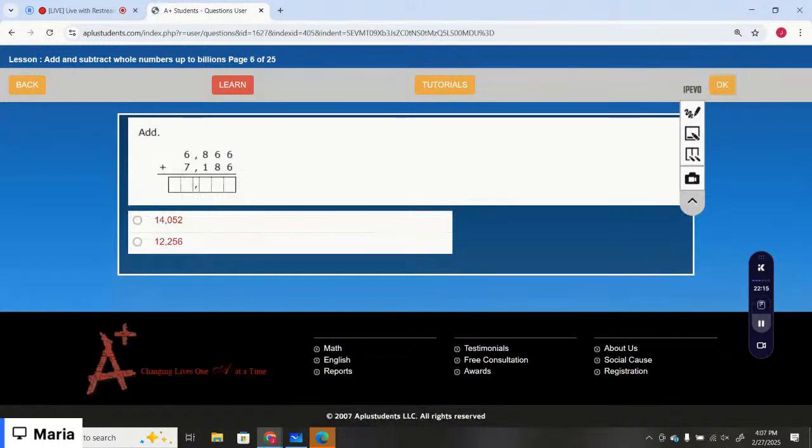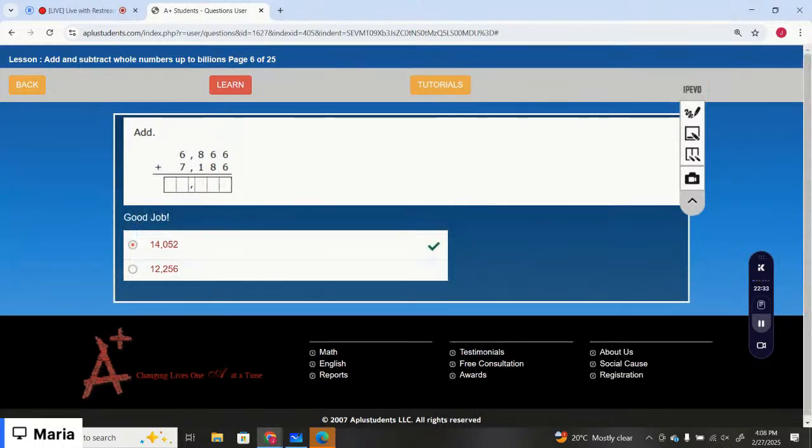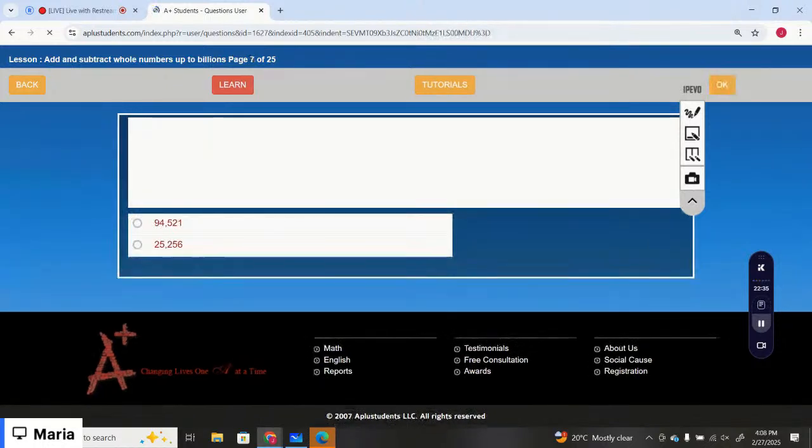Add, which is the correct option? Option number 1 is the correct option. Subtract, which is the correct option?